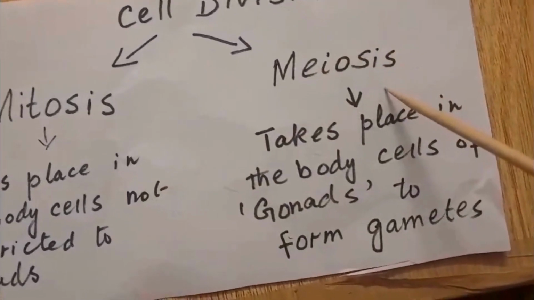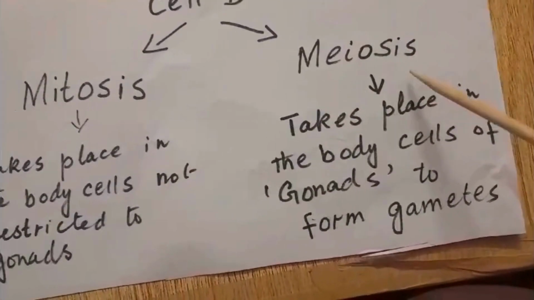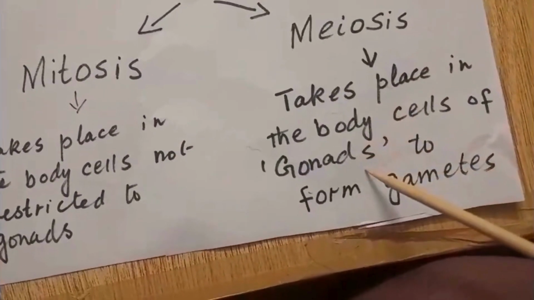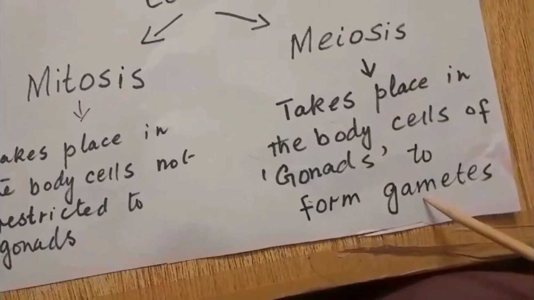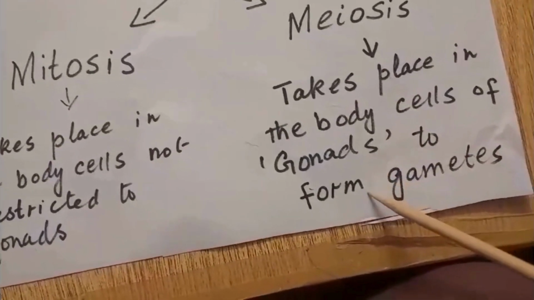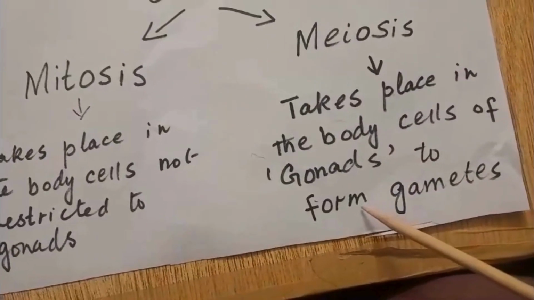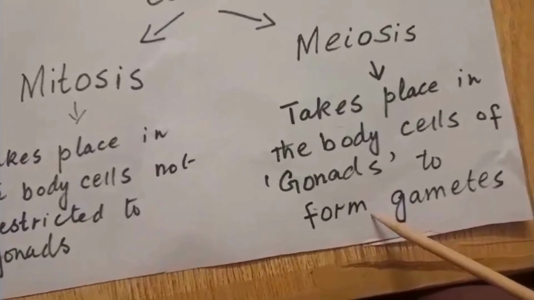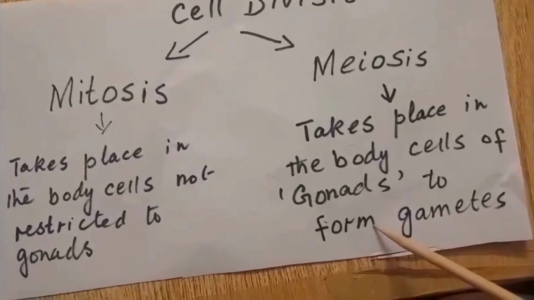The other type of cell division is meiosis, and meiosis takes place in the body cells of the gonads to form the gametes. One body cell with diploid number of chromosomes divides into 4 cells which have half the number of chromosomes in their nuclei.